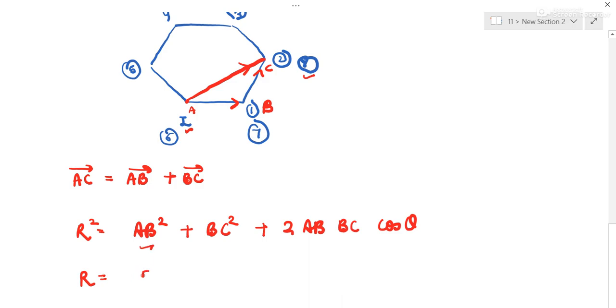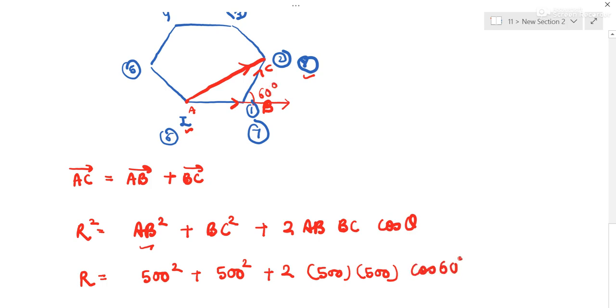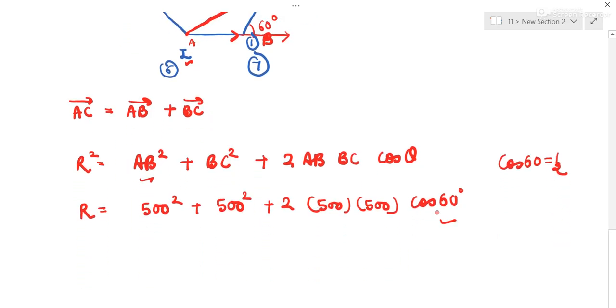Now it is 500 square plus 500 square plus 2 into 500 into 500, as AB and BC both are 500, and cos of theta. So what is the angle between them? So you can say this is 60 degree. So the angle is 60 degree, cos of 60, and cos 60 is 1 by 2. So we'll substitute 1 by 2 here.